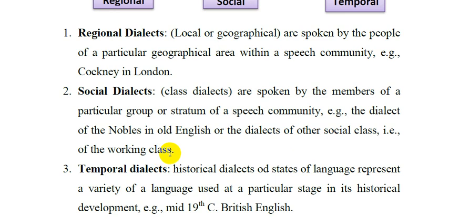It relates to social classes. Sometimes the environment that you are living in can affect you, so maybe your dialect will change by the environment. So this is what we mean by social dialects.